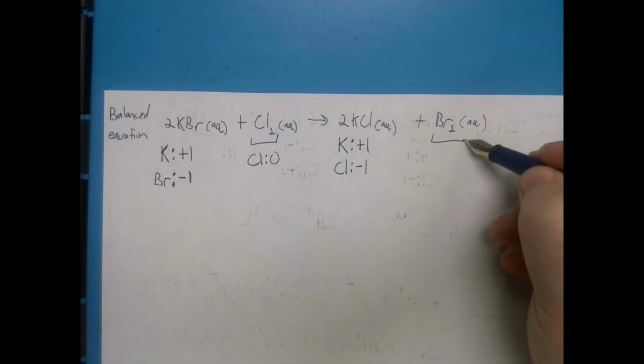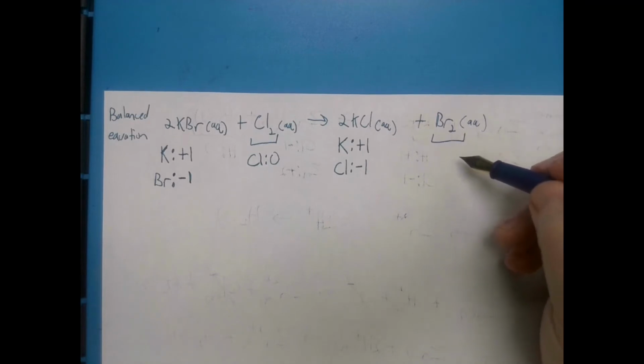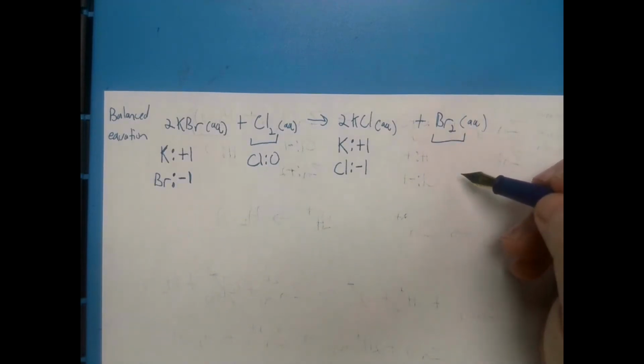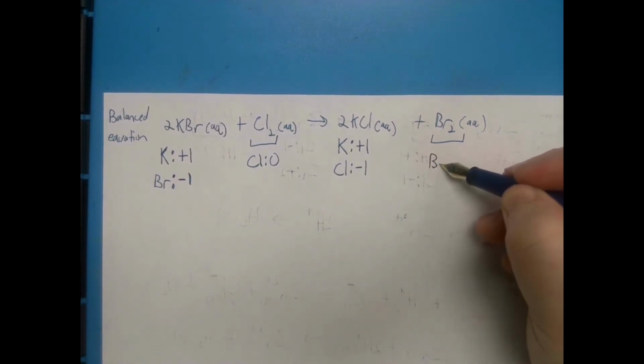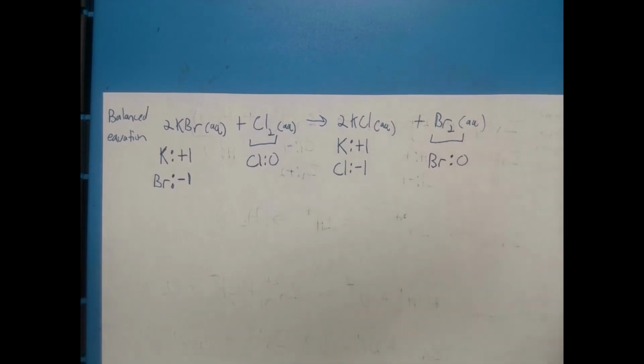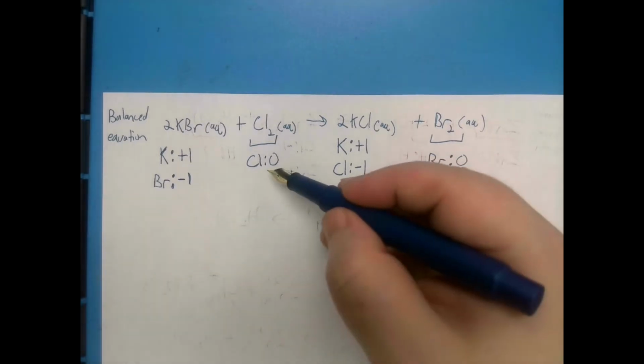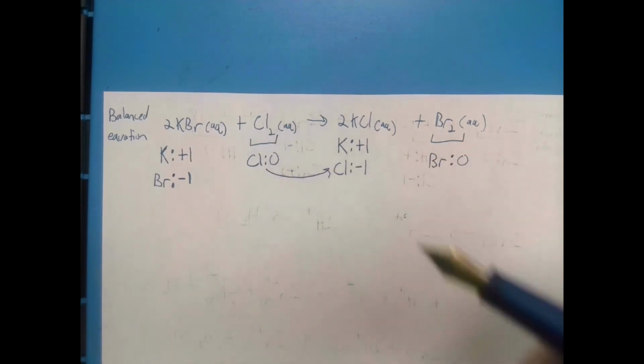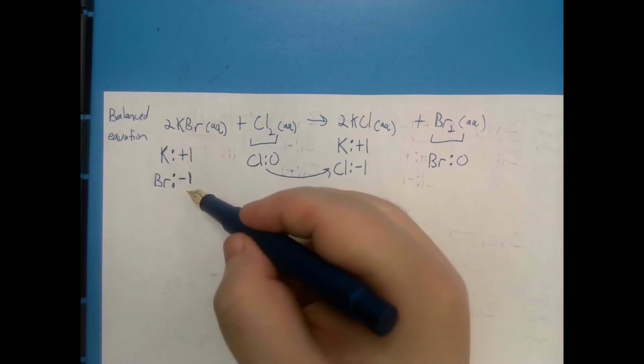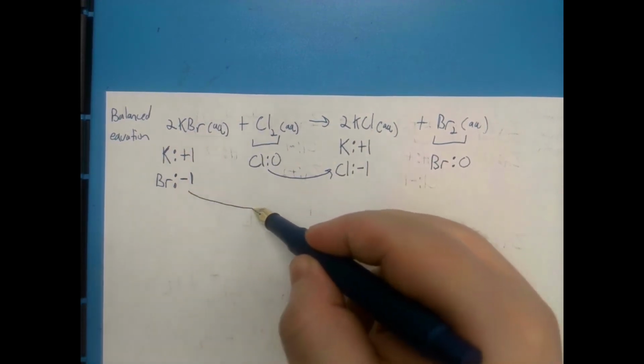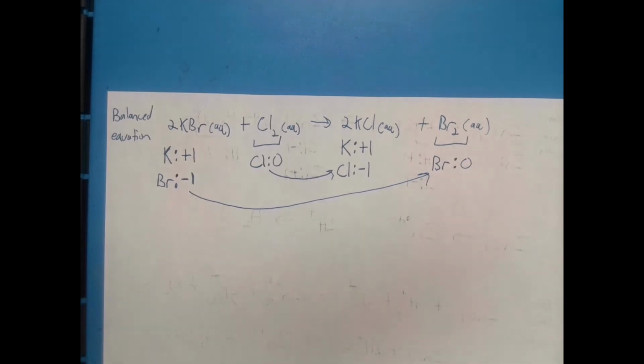And what would be the oxidation number over here? 0, because it's by itself. So, which ones have changed? We've gone from 0 on chlorine to -1, and we've gone from -1 on bromine to 0 here.